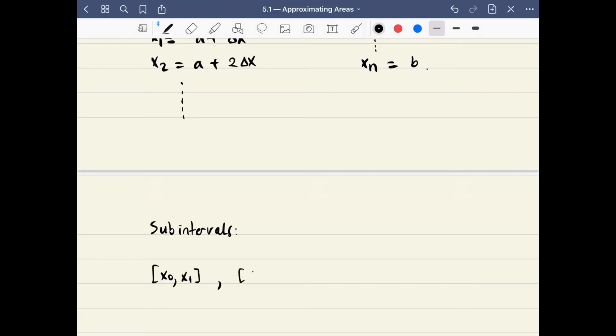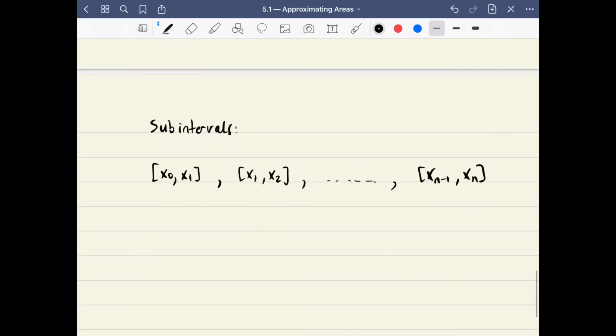The second one is x1, x2, and so on. The last one is xn minus 1, xn. So this is the first, this is the second, and so on. This is the nth subinterval. Somewhere in between all of these intervals, there is a generic one called the ith subinterval, and the ith subinterval has the form xi minus 1, xi.